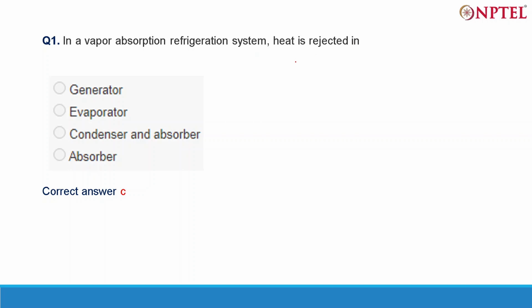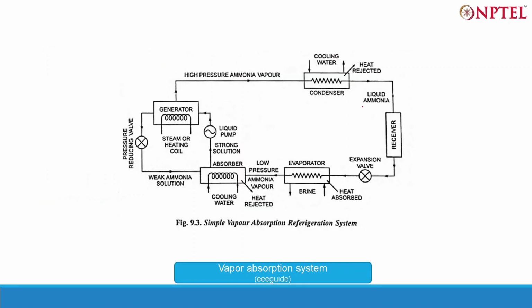First you have to understand what a vapor absorption refrigeration system is. In a vapor absorption refrigeration system, there are two, three circuits: a generator, an absorber, an evaporator, and a condenser.